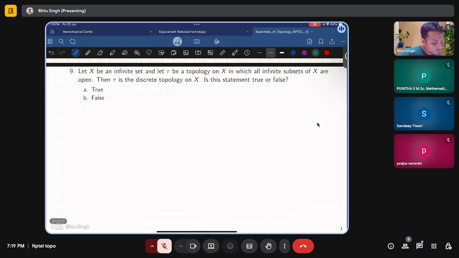So, question number 9. Here, X is an infinite set and tau is the topology on X in which all infinite subsets of X are open.